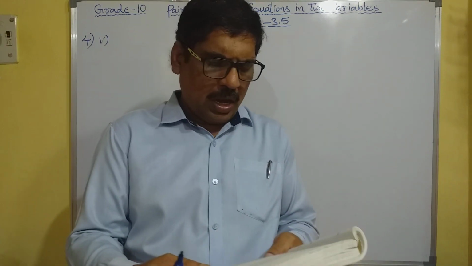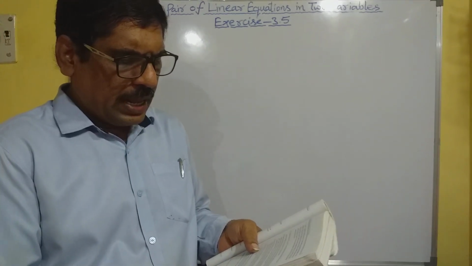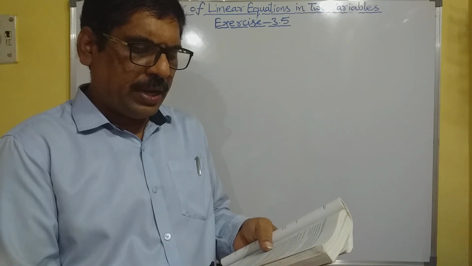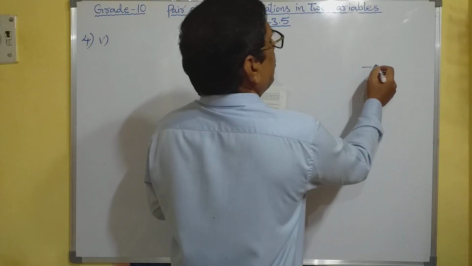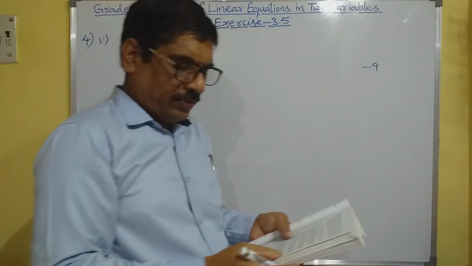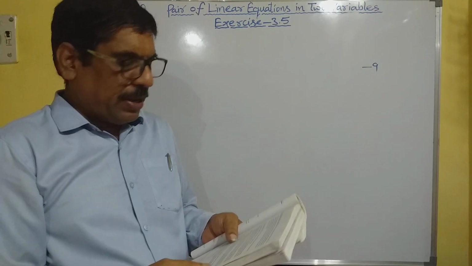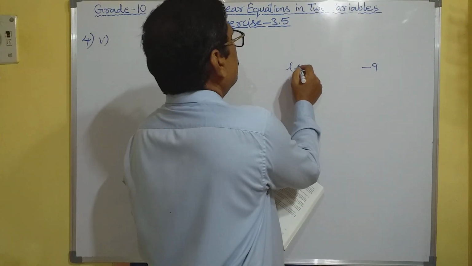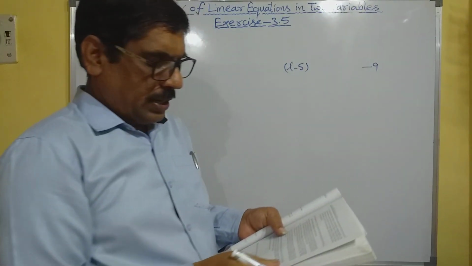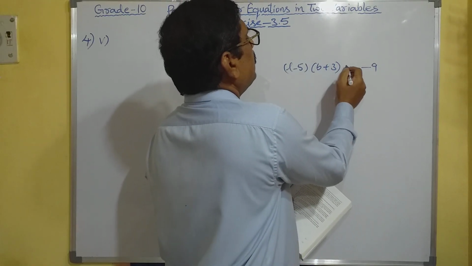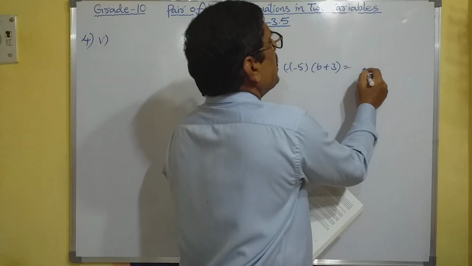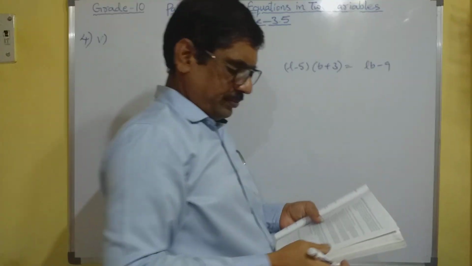Now, the area of a rectangle gets reduced by 9 square units, means minus 9 square units, if the length is reduced by 5 and breadth is increased by 3. Then the area is reduced by 9.